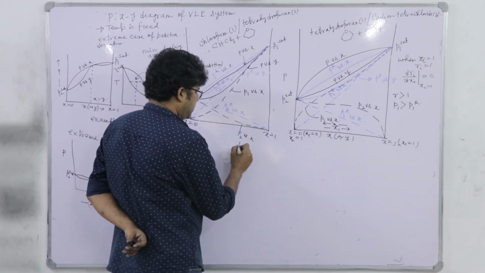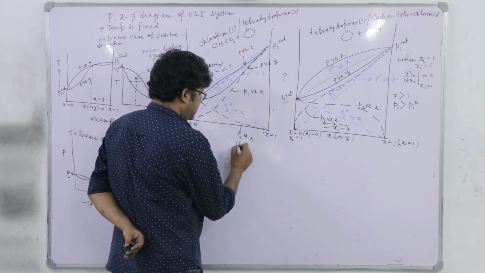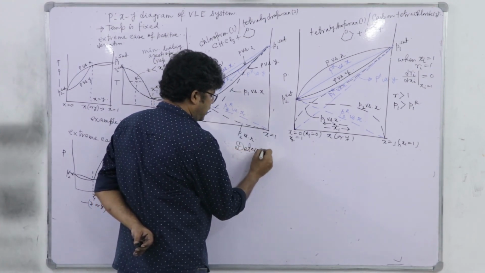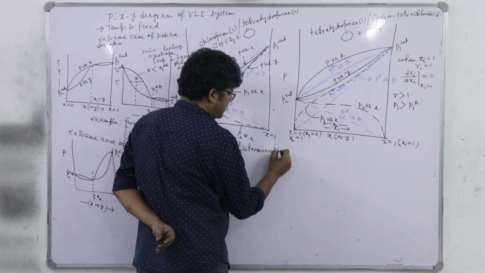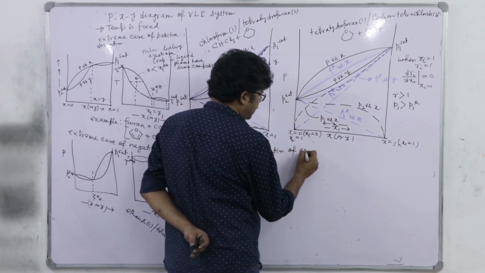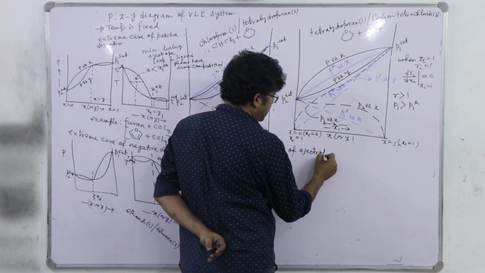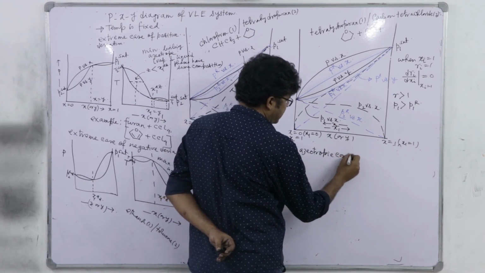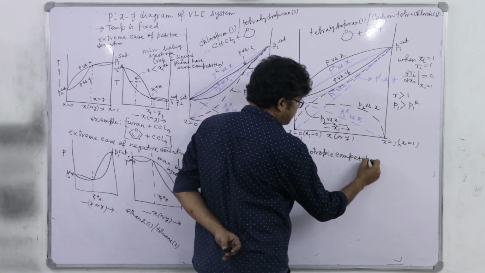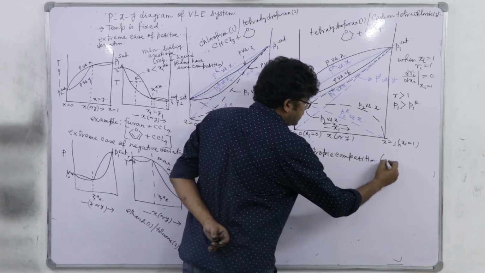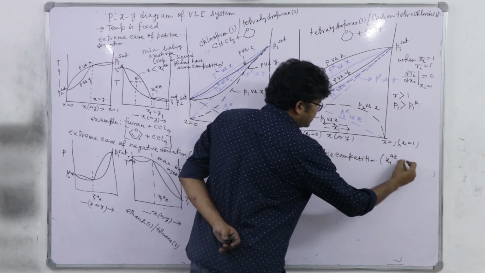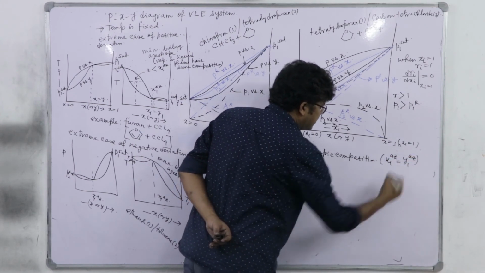So, determination of azeotropic composition, that is x1 Az, which is the same as y1 Az.